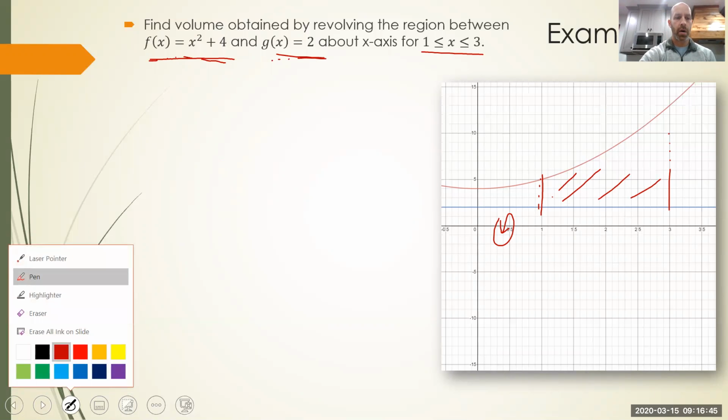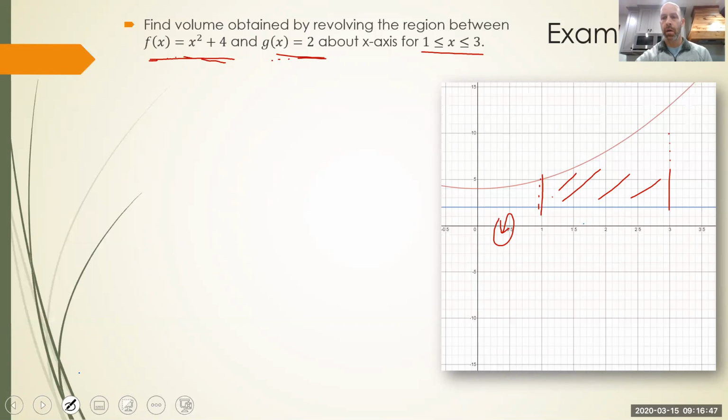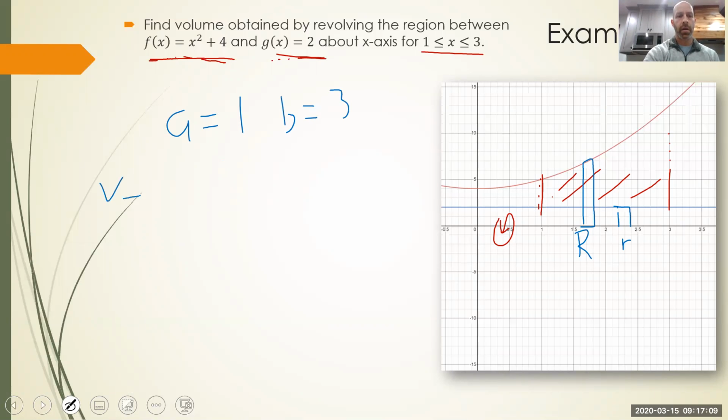And now we want to draw our rectangles, our big R and our little r. This rectangle here is big R. This rectangle here is going to be little r. And again, we're going to rotate it around the x-axis. So A is clearly 1, B is clearly 3, and the volume is going to be pi integral from 1 to 3 of big R. Oh, I should note, what is big R?